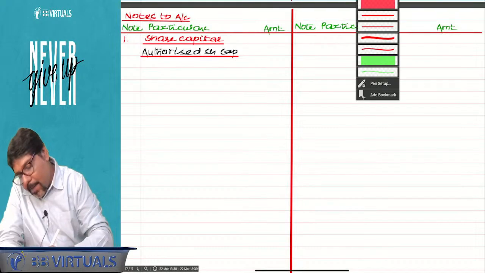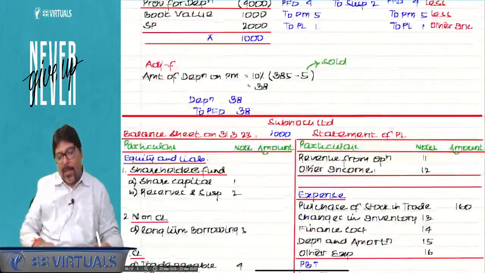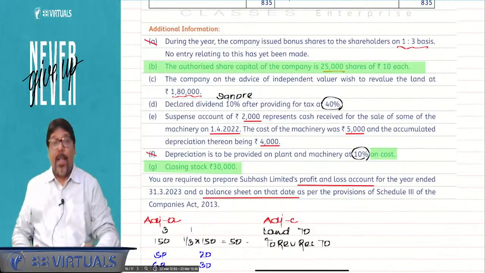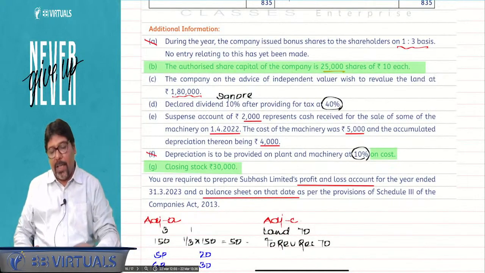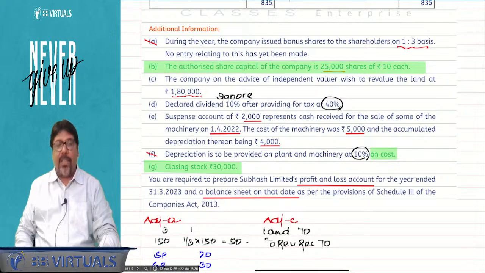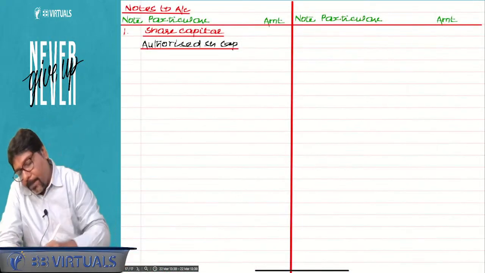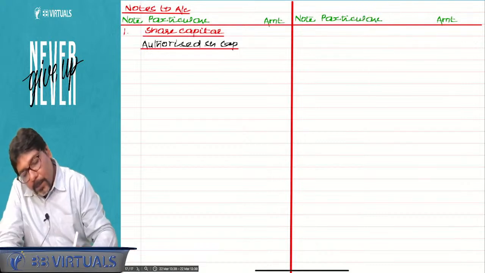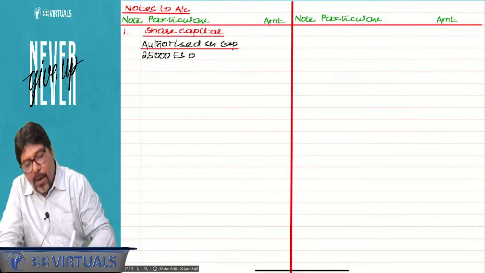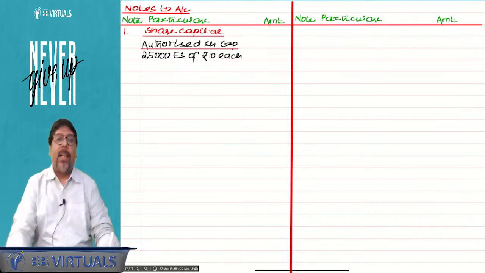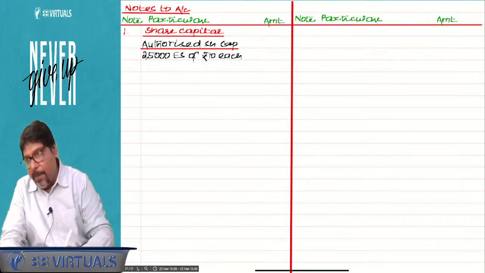It is given over here in adjustment number 2: authorized share capital of the company is 25,000 shares of rupees 10 each. So 25,000 equity shares of rupees 10 each. That comes to 2,50,000, but we are writing figures in thousands.